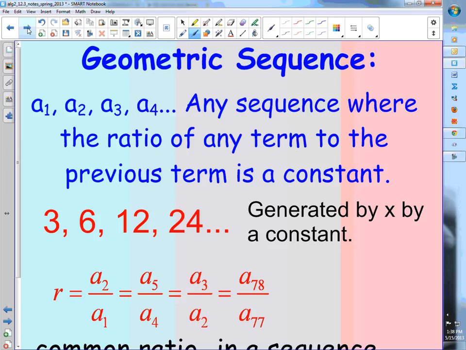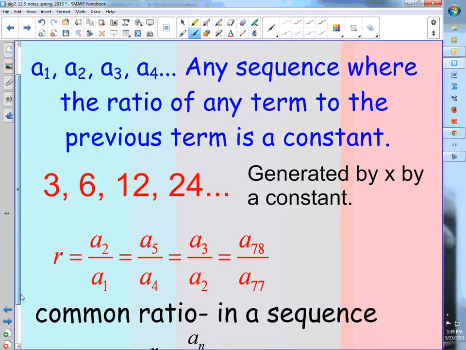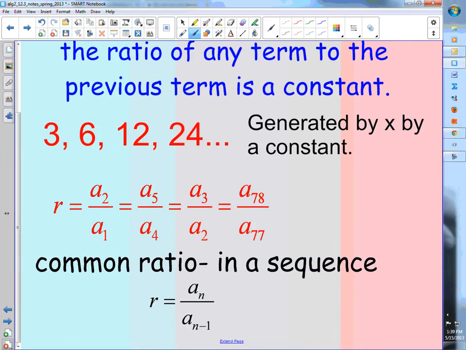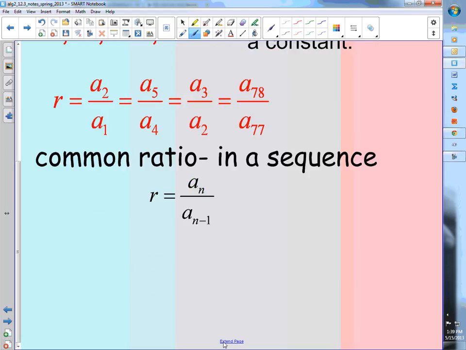So when you look at the ratio of any term, the second term compared to the first term, the fifth term compared to the fourth, the 78th term compared to the 77th, whatever term you pick divided by the previous term, that's got to be the same number every single time. That's called your common ratio. We use R for the common ratio, and it's any term, a sub n, divided by its previous term, a sub n minus 1.